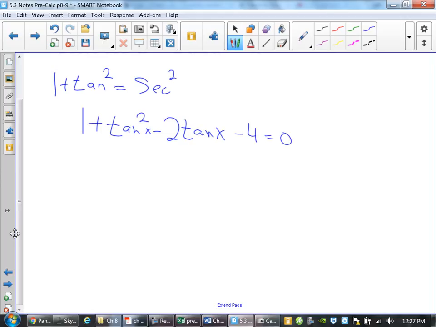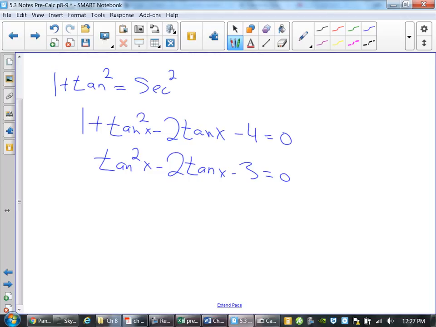Now what do I do? Combine like terms. What's negative 4 and 1? Good. Tangent squared x minus 2 tangent x minus 3 is 0. What times what is negative 3, and what do they add together to get negative 2?